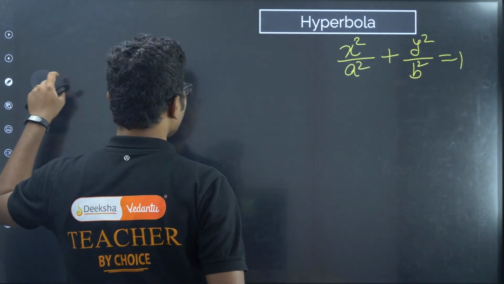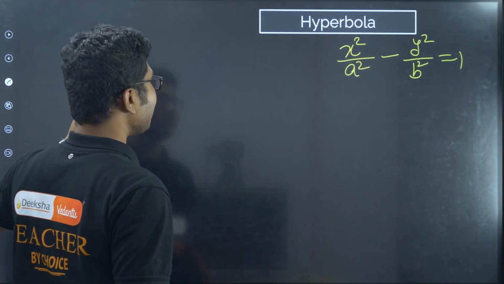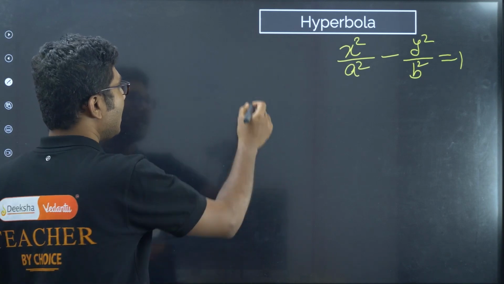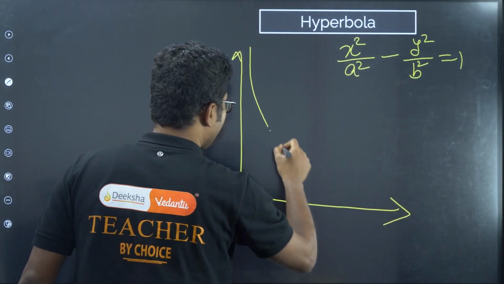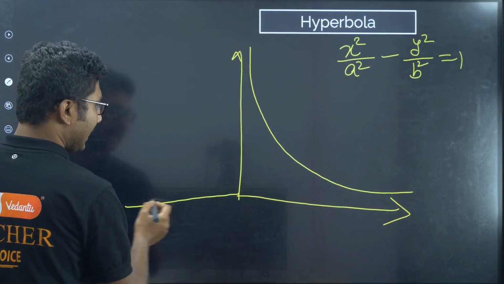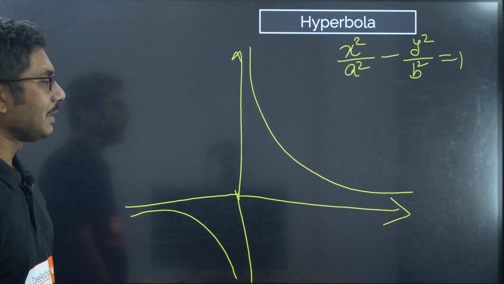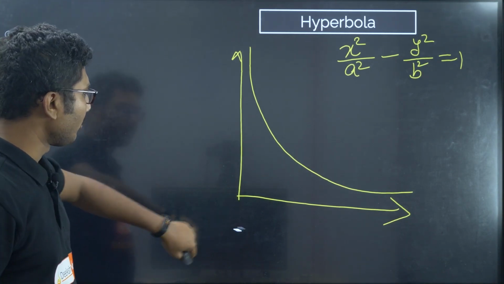Now instead of this, if the sign is minus, something interesting happens, and that structure is called a hyperbola. So a hyperbola looks like this. In the positive axis it looks like this. But it has a negative part as well, and we do not consider the negative part. In mathematics you will learn the negative part, but in physics mostly we will only focus on the positive part.